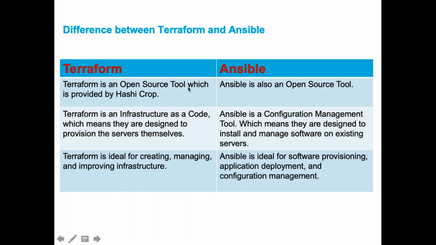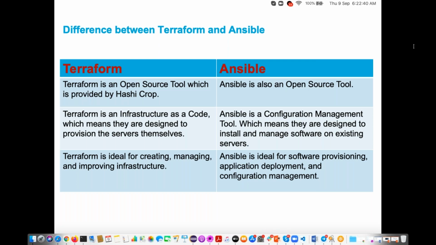Terraform is an open source tool provided by HashiCorp. Ansible also is open source. If you want to use Ansible, you don't have to pay any money. The tools which we are covering as part of the DevOps Master Program are almost all open source. You don't have to pay any money.